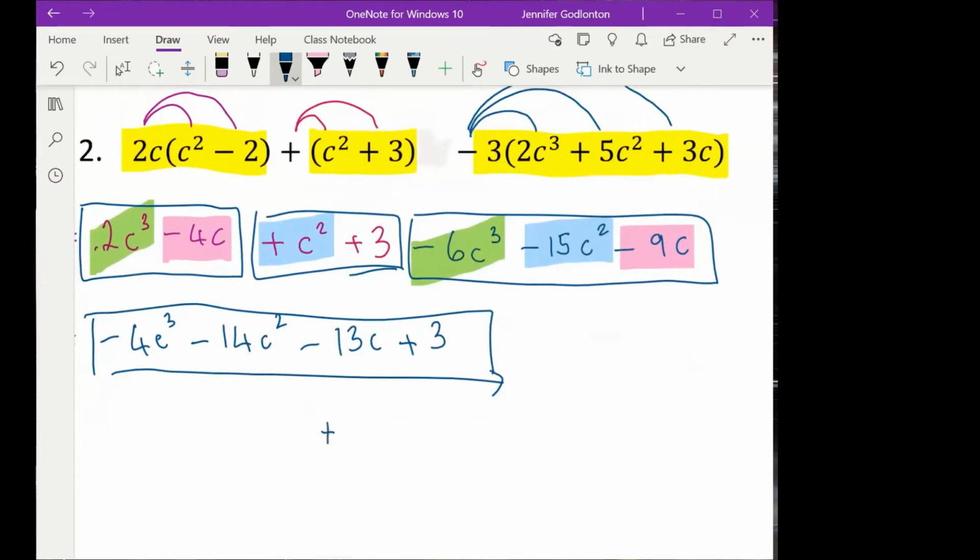Write a little note to yourself: when we add or subtract, we do not touch exponents. However, when we multiply or divide, we do touch exponents.